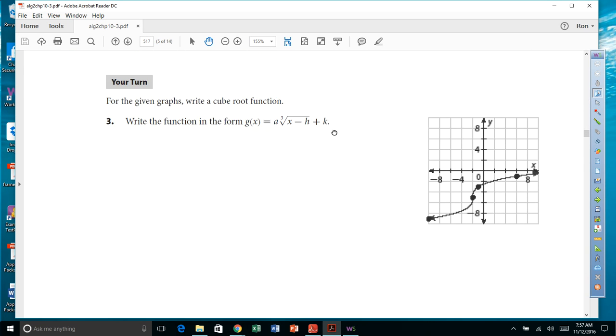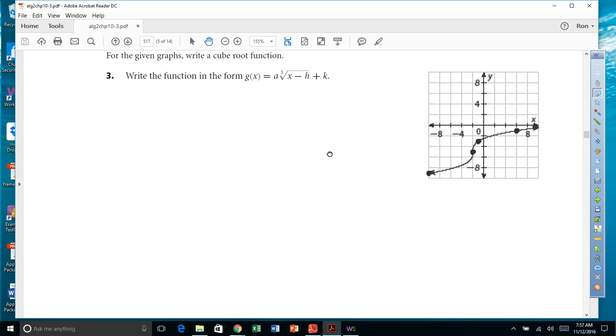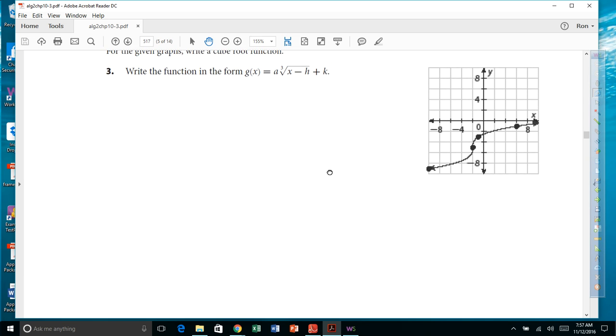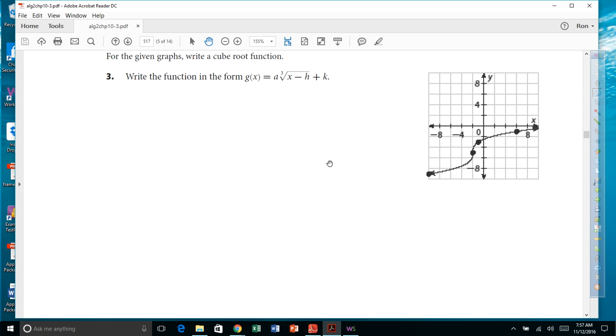Your turn. For the given graphs, write a cube root function. Write the function in the form g of x equals a times the cube root of x minus h plus k. The hardest part really is finding that point of inflection.